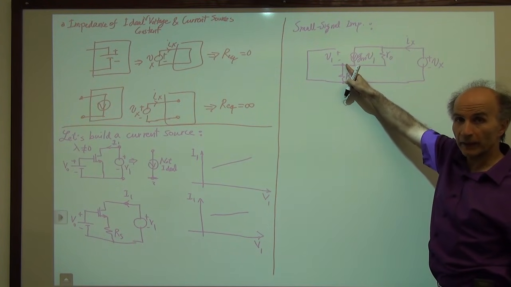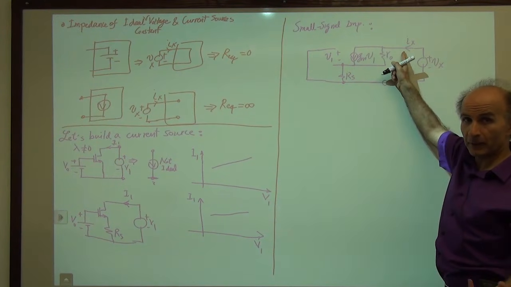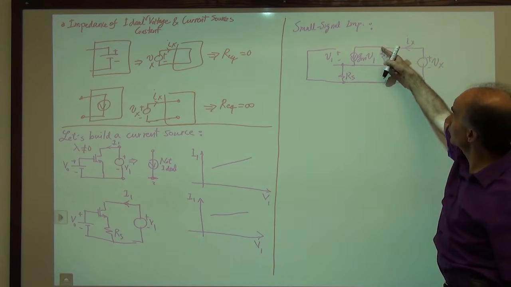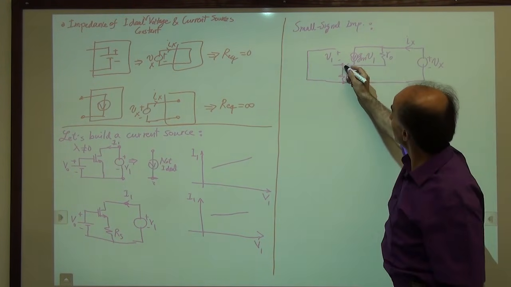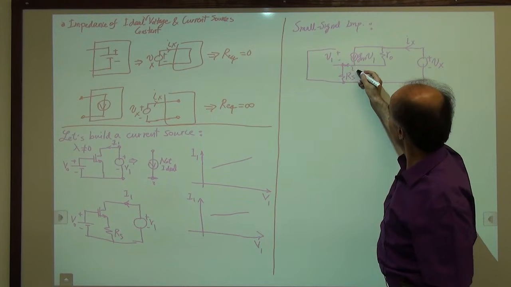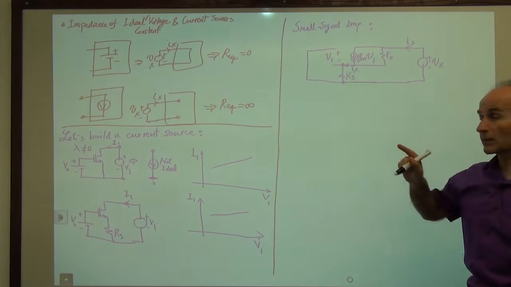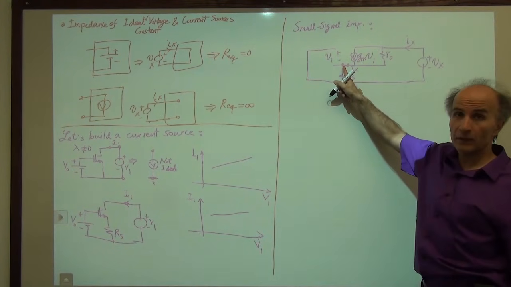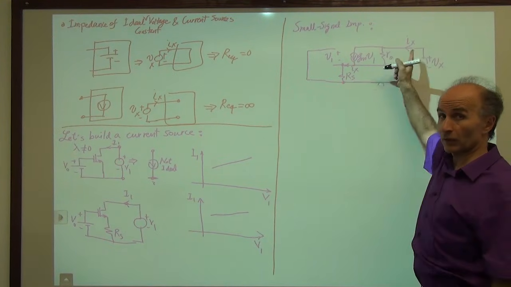So the current through this wire has to be equal to the current through this wire. Right? The charge cannot disappear. If the charge carriers come into here, they eventually have to come out of this wire. So here we also have Ix. And Ix comes through this wire. It has nowhere else to go but RS. So the current through RS is equal to Ix.